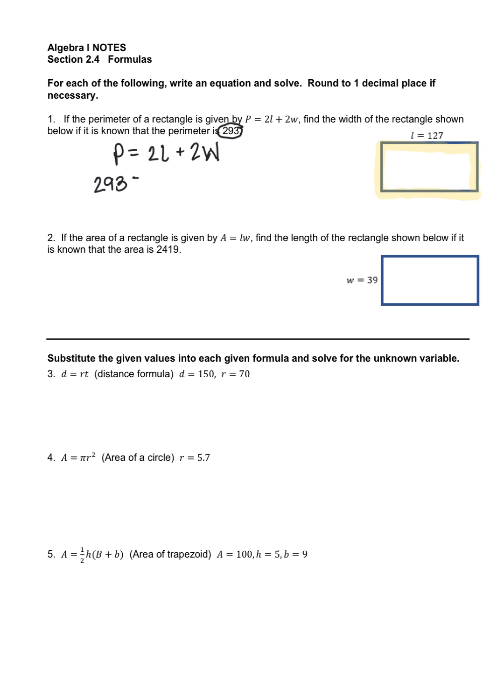We have 293 equals 2 times 127, that is 254, plus 2W. Now it's just simple algebra. We need to move that 254 over to the left, so minus 254 from both sides.